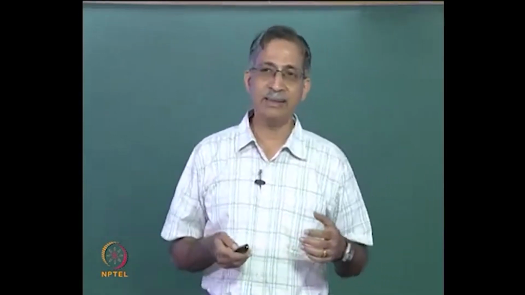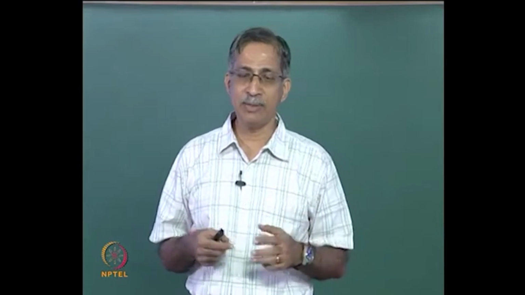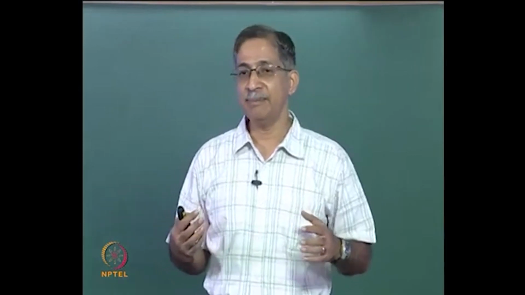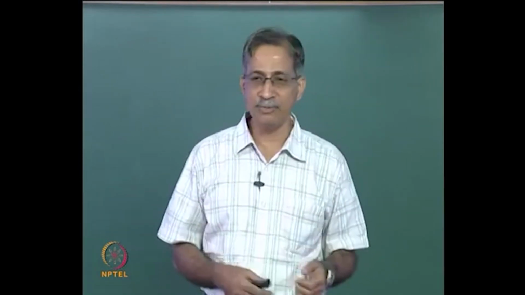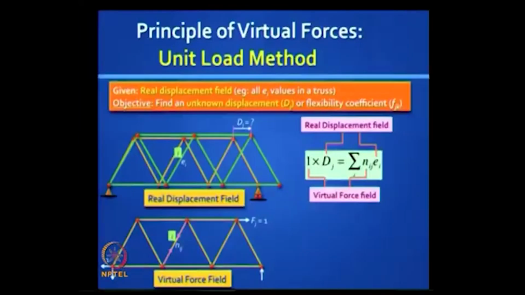And we are using the principle of virtual work because we are using the work as a bridge that connects the force field with the displacement field. Now if you do this product, you will get 1 into dj as the total external virtual work, because there is no other force acting which moves, and the total internal work is the sum of nij times ei.